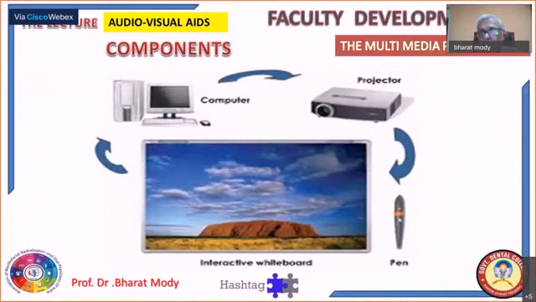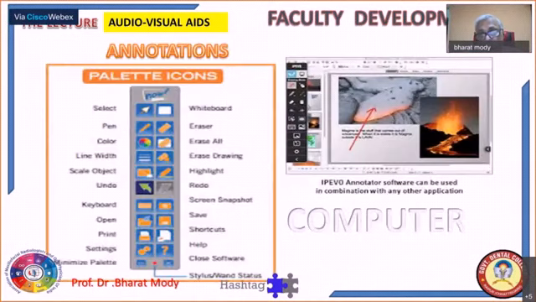So whatever annotations you want to write or draw can be done on that whiteboard. Normally, in a PPT presentation, the arrows and all the pointing has to be done beforehand. You cannot do it while you are taking the class. But if you are using a whiteboard, you can draw at that particular time also.